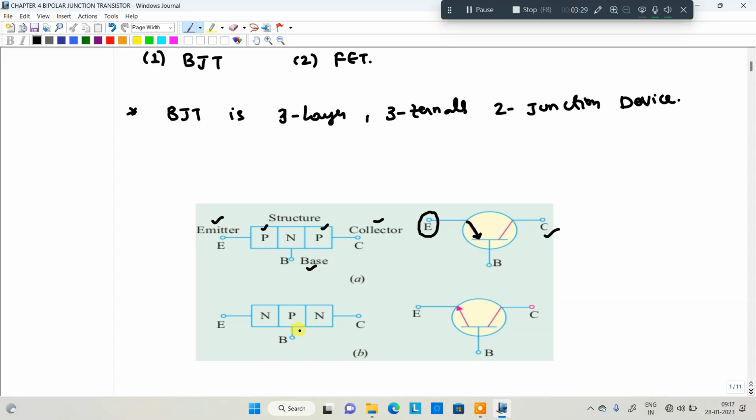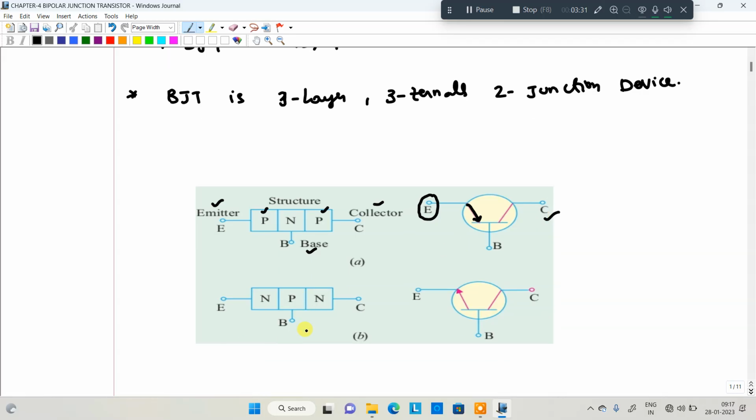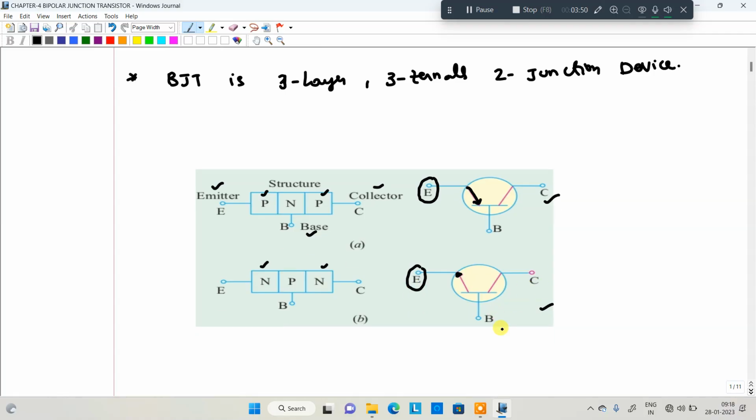After that, the two n-type materials sandwiched with the p-type material is an NPN transistor. This is the representation for the NPN transistor. The current will be leaving the emitter. It means the emitter is more negative, so the base and collector are more positive with respect to the emitter.